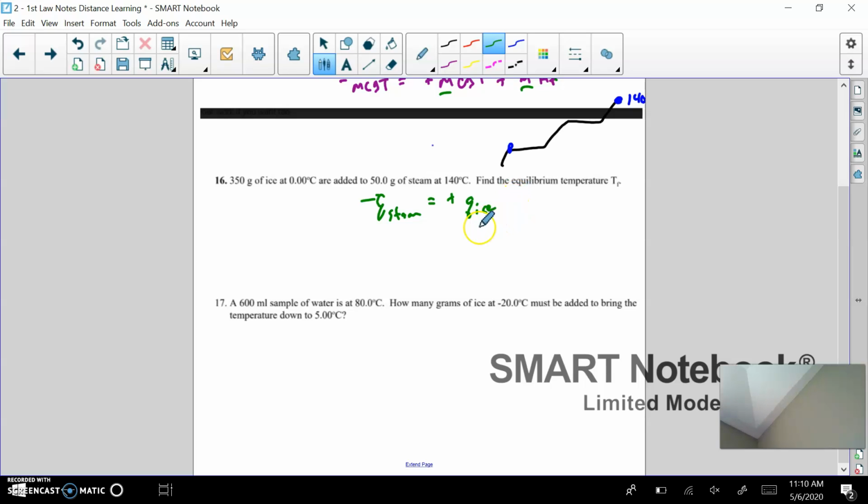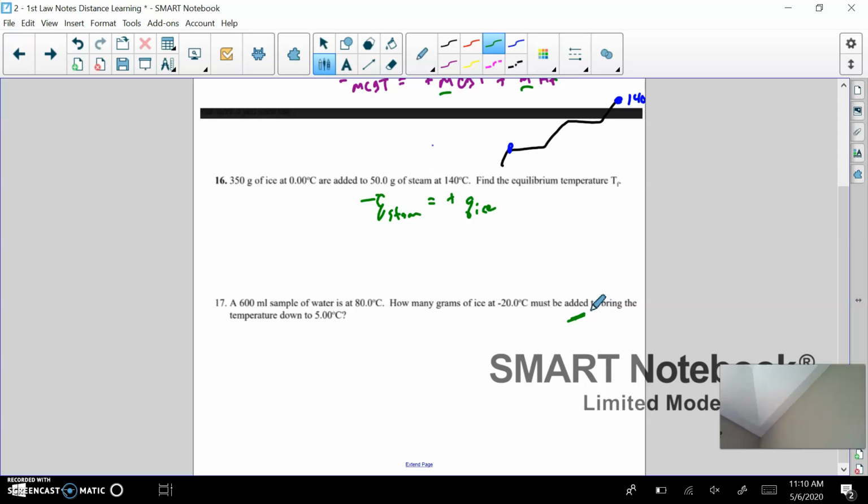I promise you, you'll probably need to add Q ice and then plus MHF, and then you'll also need to do Q vaporization. Check that out, check the answer key, and then this problem is the same as the one above.